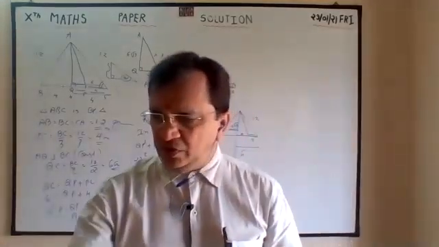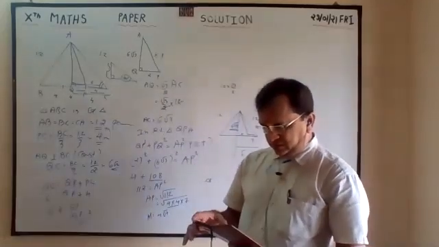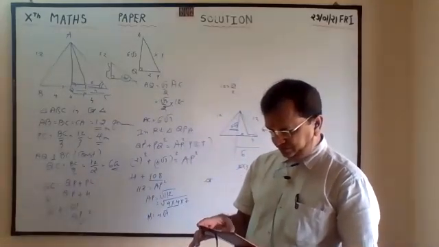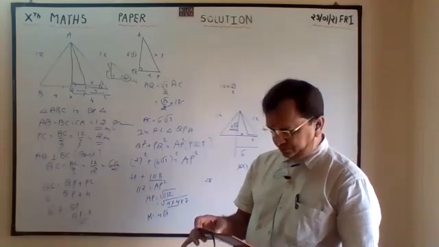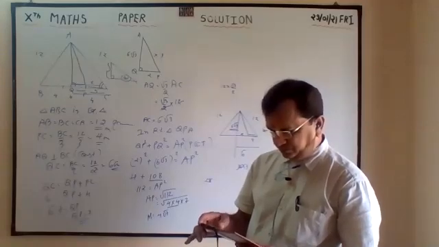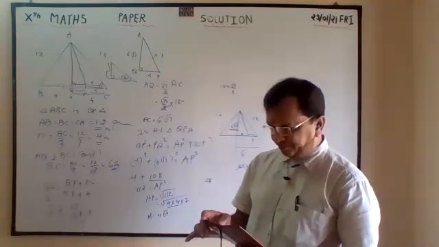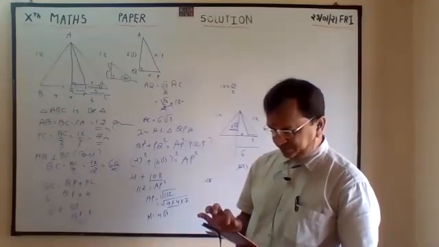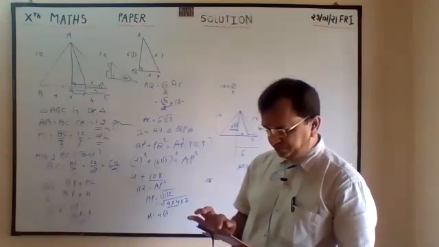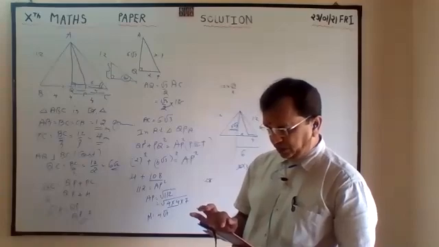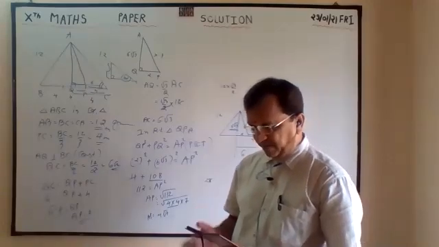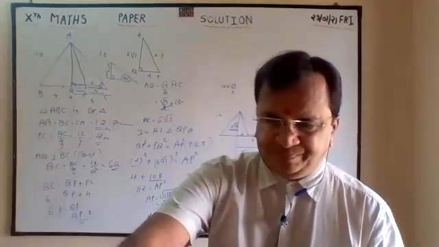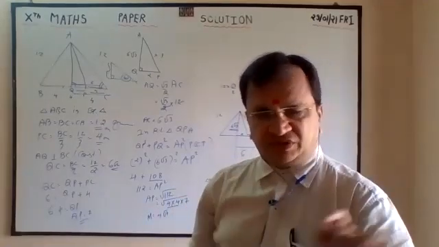AP is 4 root 7. Now next. Question number 4.